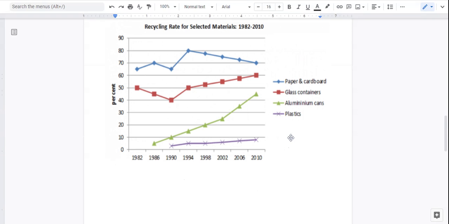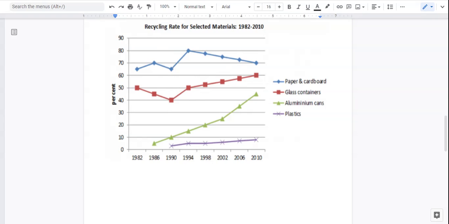Okay, so definitely what we can see is based on the percentage, the blue paper and cardboard were definitely the most popular recycled materials during this time. It outperformed all other materials, while plastics had the lowest percentage.